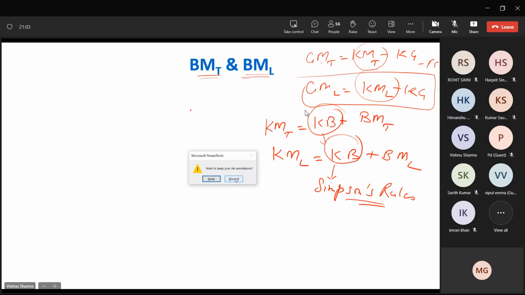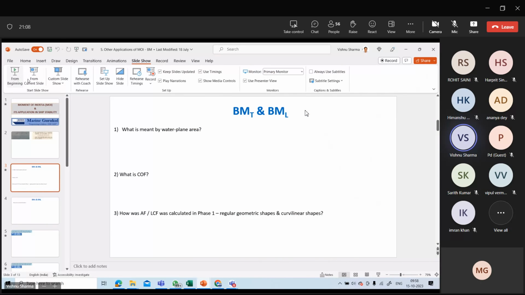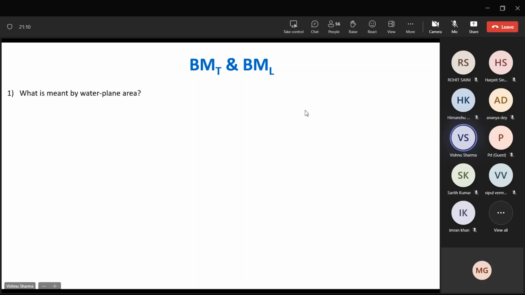Okay. Now, basically what you have to focus upon is what is meant by water plane area. First thing you have to understand is what is water plane area. Many of you may know it, and especially those who might have done classes with me would already know.